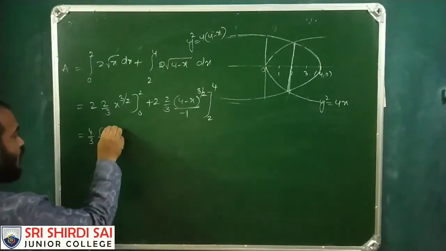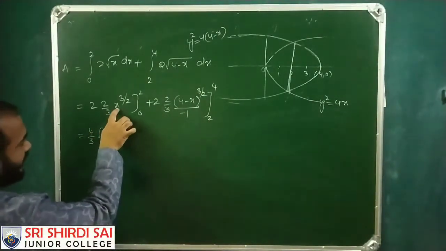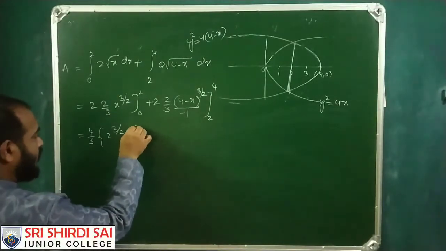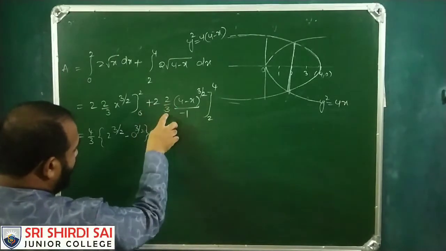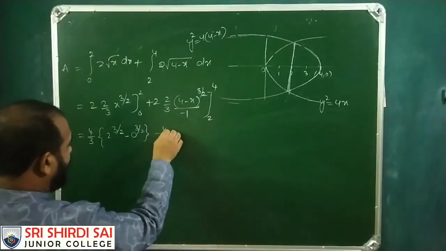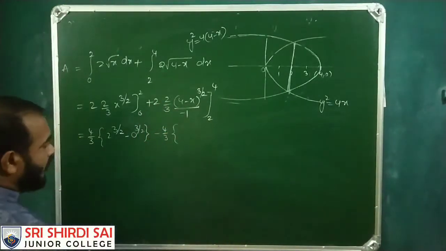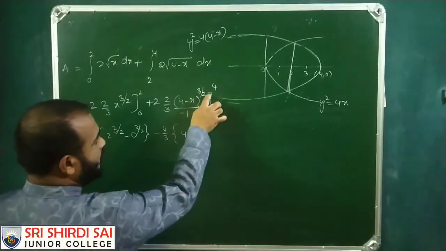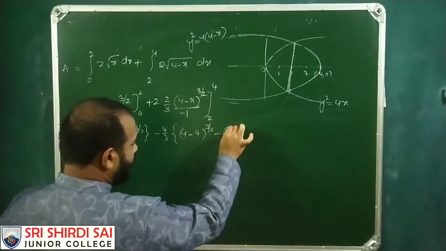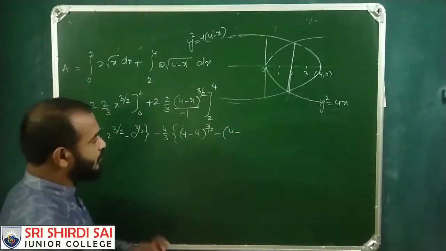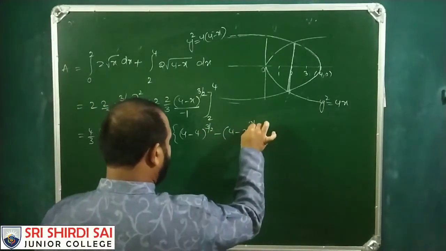So 2 2s are 4 by 3 is a constant. For x value 2 we get 2 power 3 by 2, minus the x value 0, power 3 by 2 is 0. 2 2s are 4 by 3 minus, so minus 4 by 3 into 4 minus x: for x value 4, it is 0 power 3 by 2, minus for x value 2, it is 2 whole power 3 by 2.